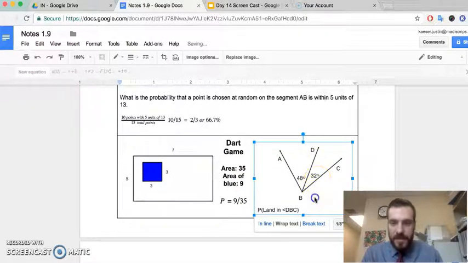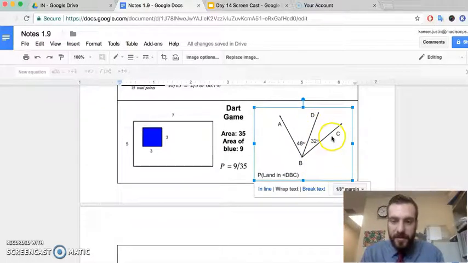And now the last one is we have this angle, and we want to see if we threw the dart, what's the possibility that we land in this DBC. So if I threw the dart at this angle, what would be the possibility to land in DBC, that smaller angle?